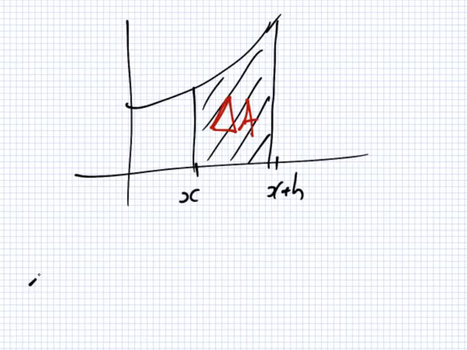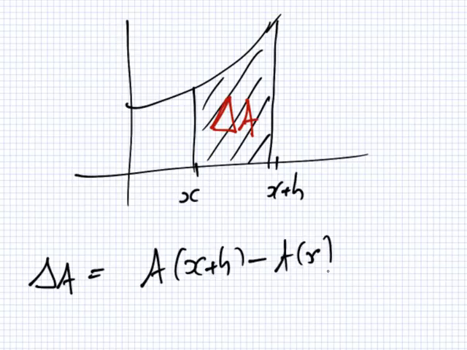Now, this small area would be the area from 0 to x plus h minus the area from 0 to x. Because if you think about it, if I go from 0 to x plus h, minus 0 to x, what am I left with? The piece that I want. Yes?